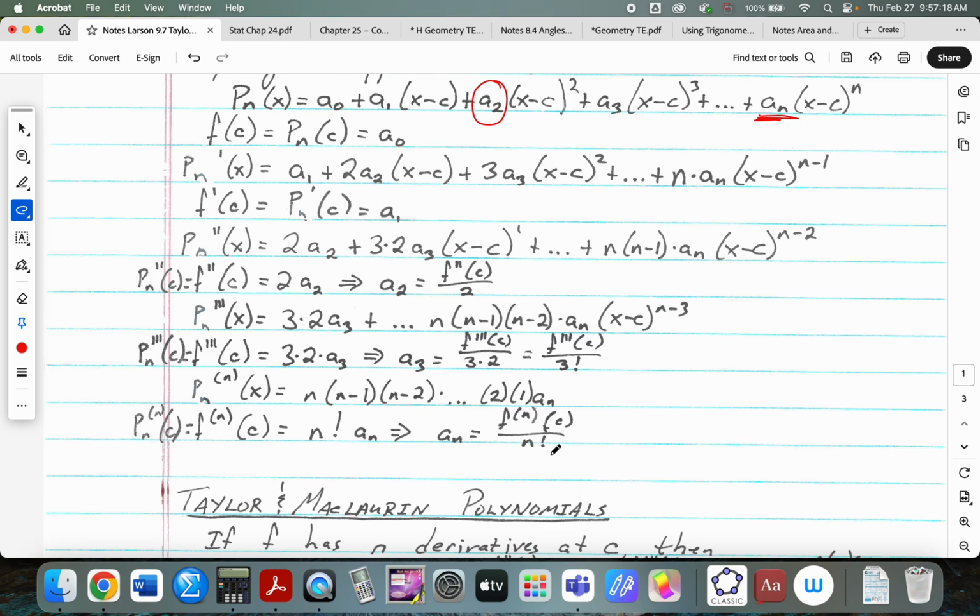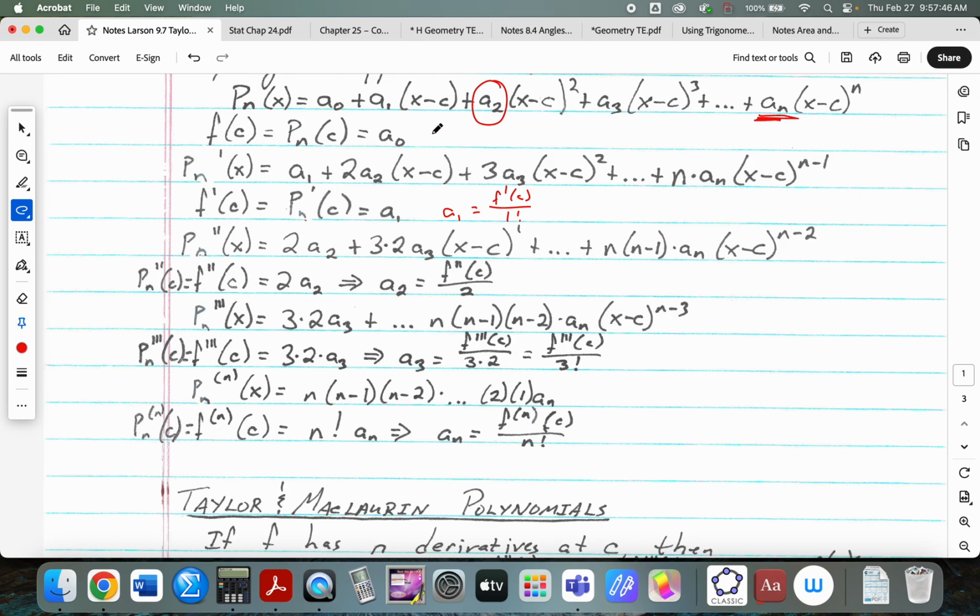So a sub n is going to be the nth derivative at c divided by n factorial. In fact, if we went back, could I have made this 2 factorial? Is 2 equal to 2 factorial? Yeah, we could have. Could we have said that a sub 1 is equal to f prime at c over 1 factorial?